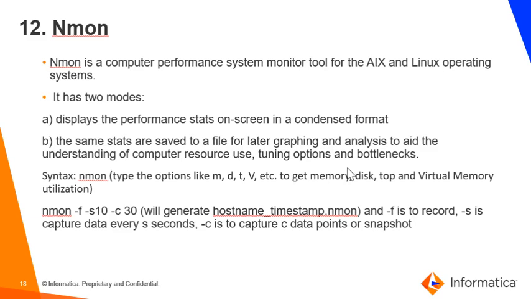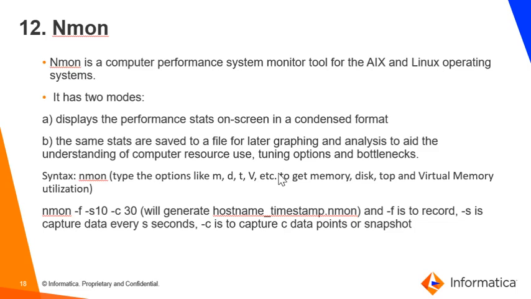The syntax of the nmon command is like we can directly run nmon and provide the input options like M, D, T, V, etc. to get memory, disk, top, and virtual memory utilization usage.